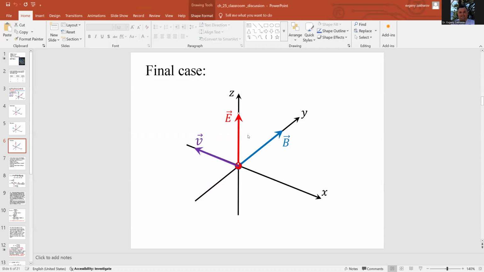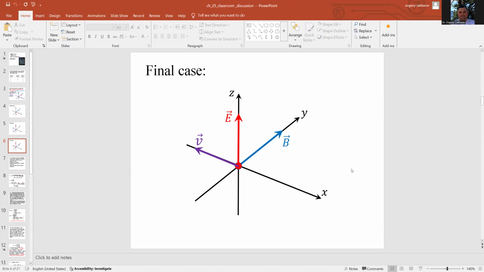Four fingers upward, and you curl them into the page. And then the thumb shows in the leftward direction. So the direction is negative X direction, or you say negative i with a hat. Either way, this is the representation for the final case.